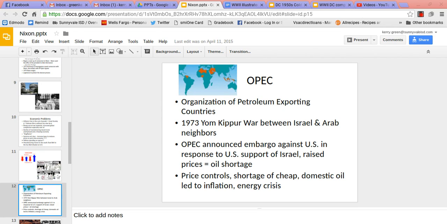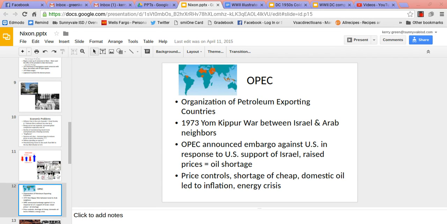But even then, the lesson you need to learn is that OPEC is a foreign entity that's able to influence the American economy. One of the main ways they do this is creating an embargo against the United States. They refuse to ship us oil. And that's going to create a huge oil shortage, like overnight. It's going to jack up oil prices.